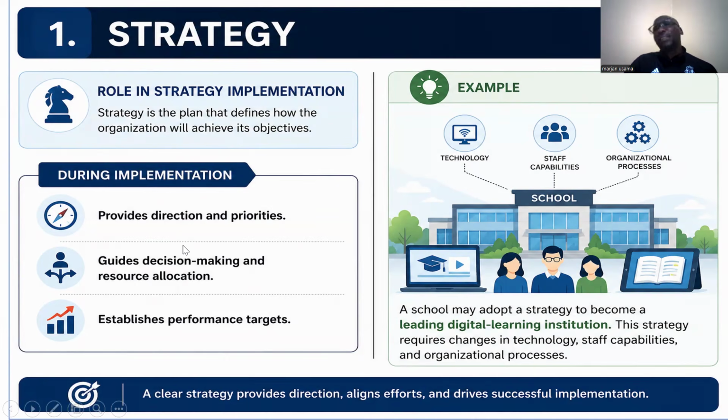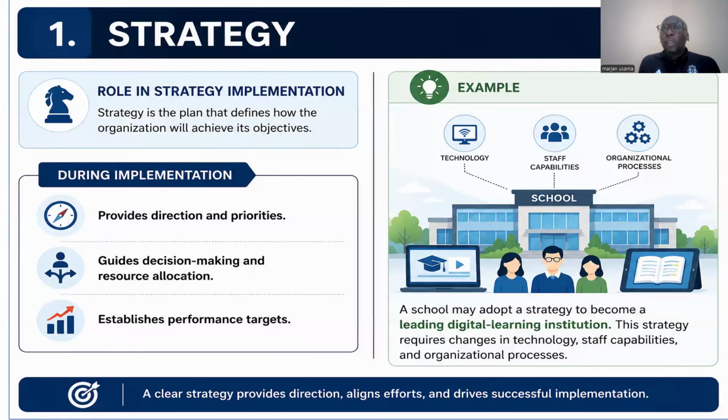Now look at this example. A school may adopt a strategy to become a leading digital learning institution. This strategy requires changes in technology, staff capabilities, and organizational processes. So this is an example of a strategy.